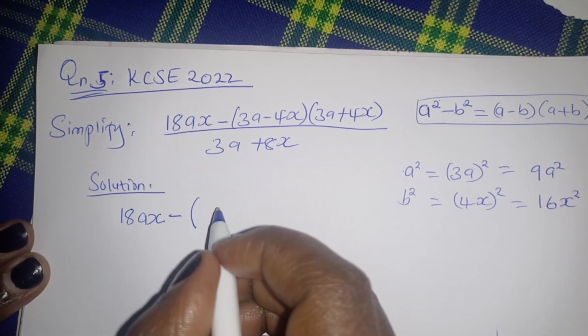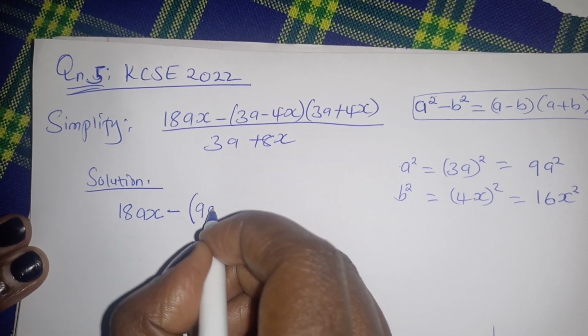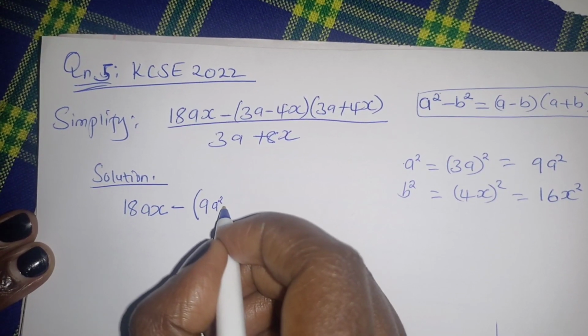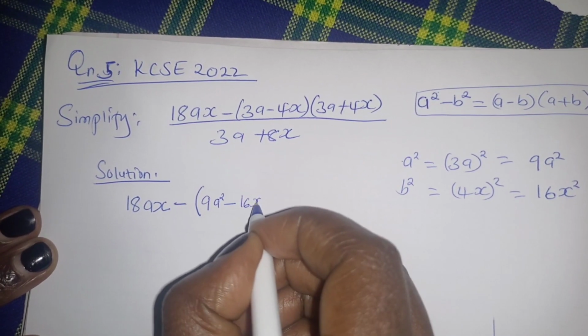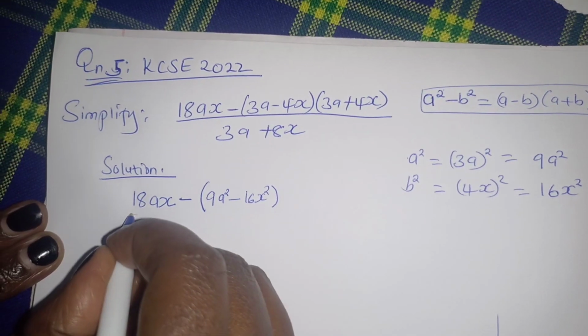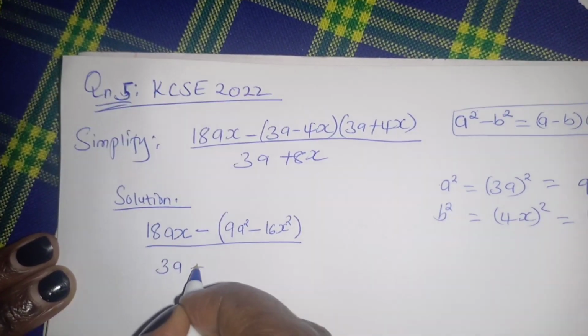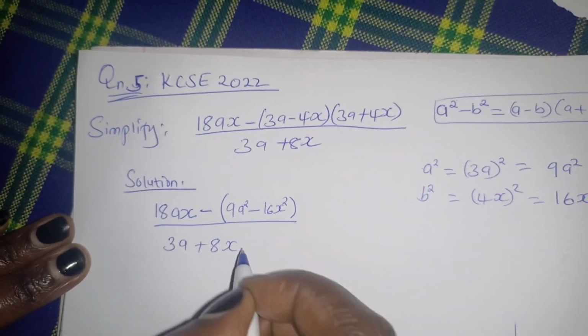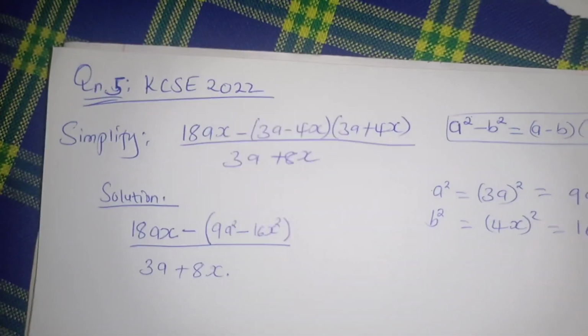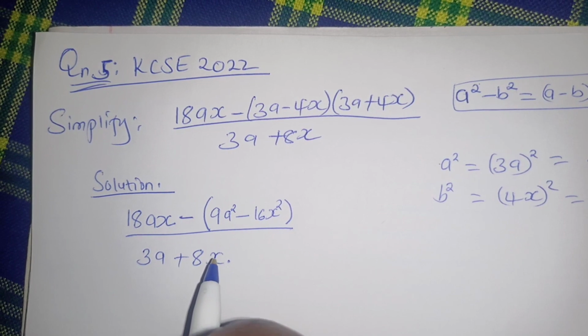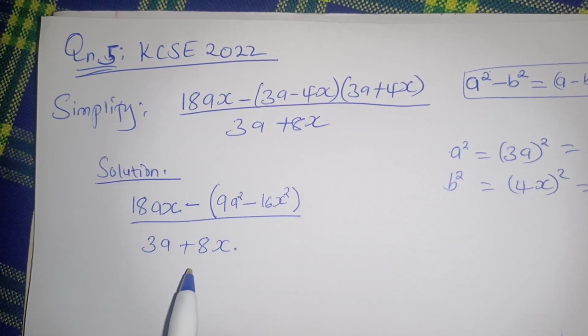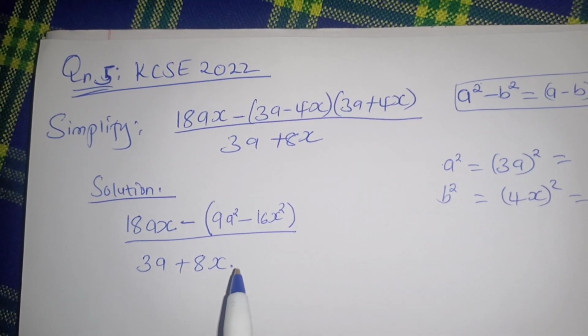So therefore, here we have 9a squared minus 16x squared, divided by 3a plus 8x. Then we proceed, that is the first step.